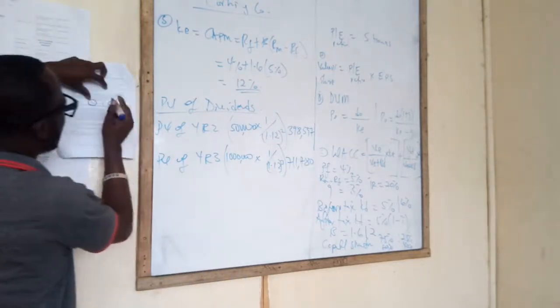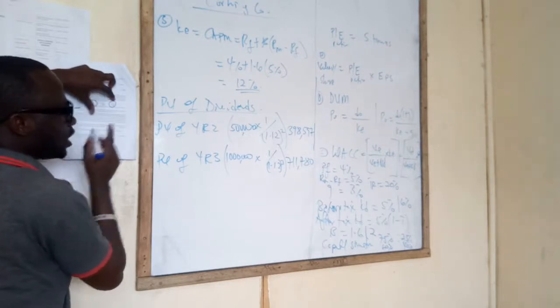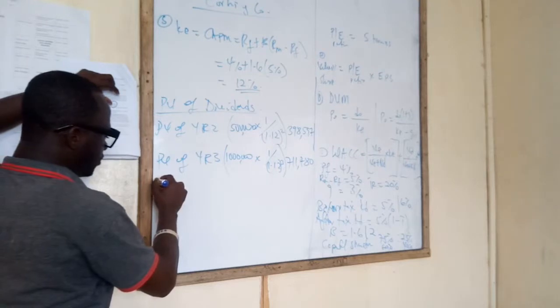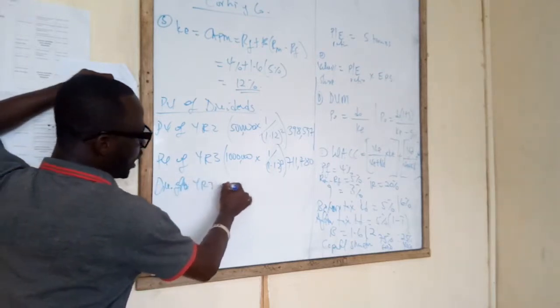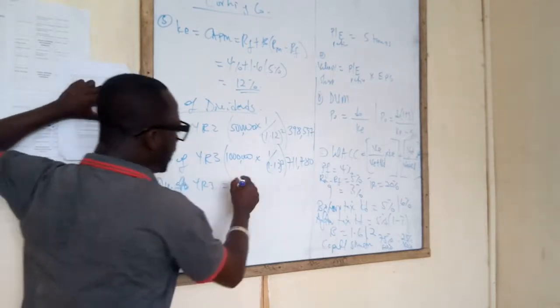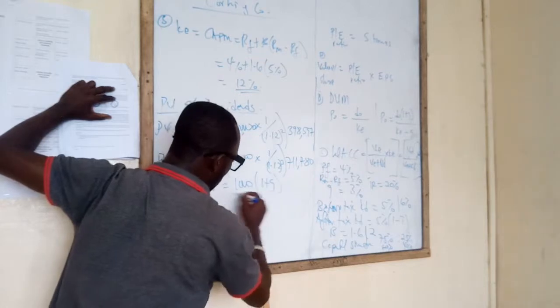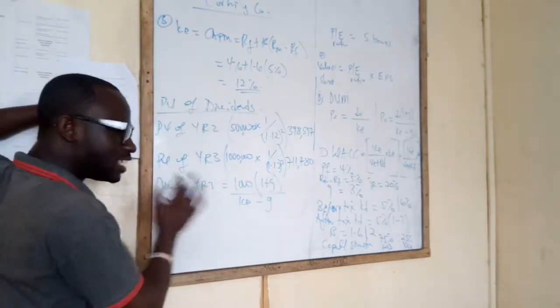Because we are told that after year 3, dividends will grow at what percentage? 3. So we need to find the dividend after year 3. That will be equal to the year 3 dividend times bracket 1 plus g over Ke minus g. Sounds good? That is the formula.